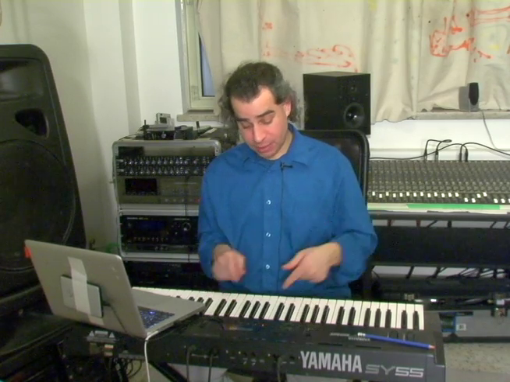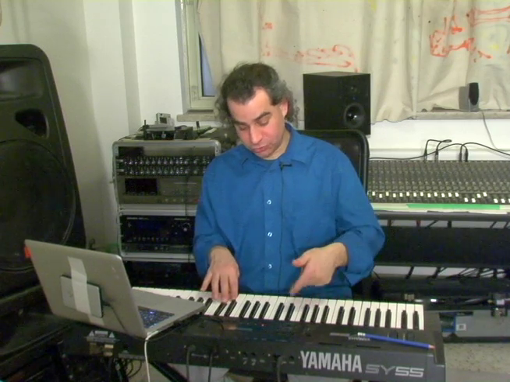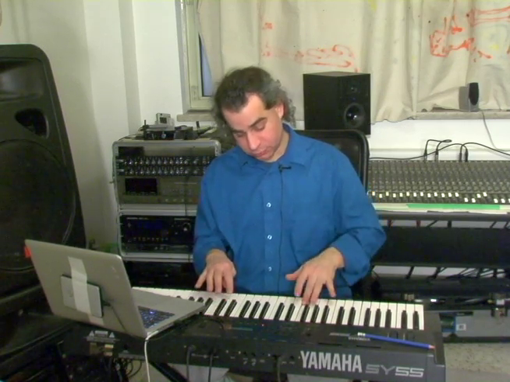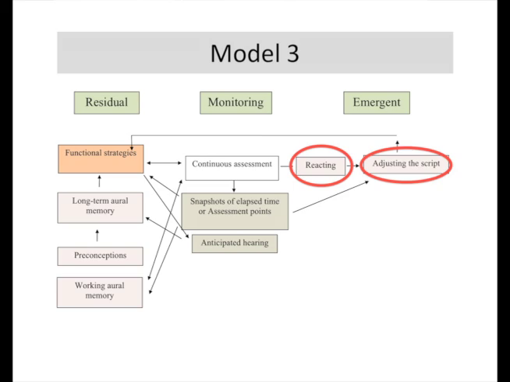So in this case, I may react to something that just happened already, which is, I like the angularity. I'm reacting to this sound. Right? And this reaction may inform my adjusting the script. Let's forget about the minor seconds now, and my major seventh.